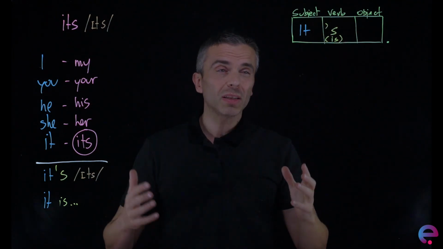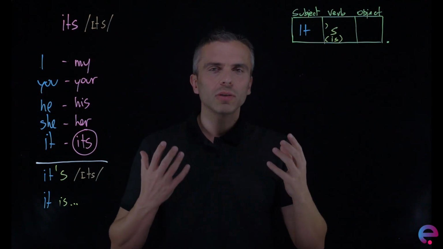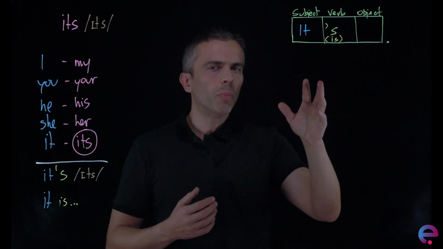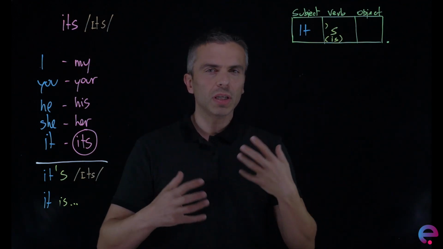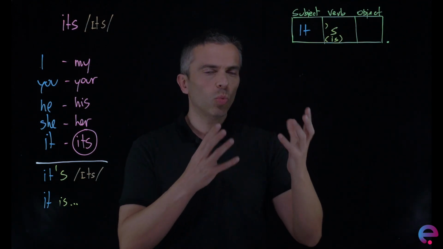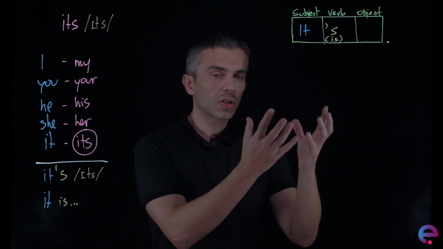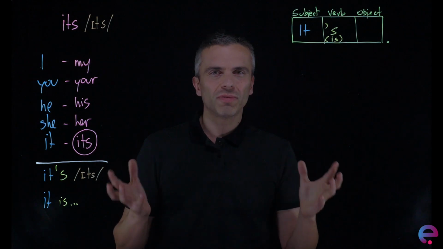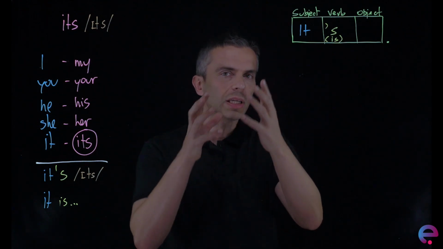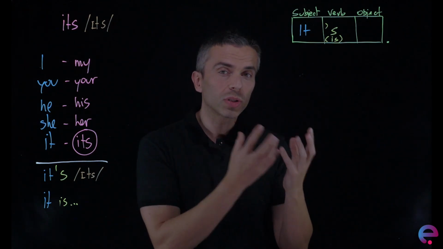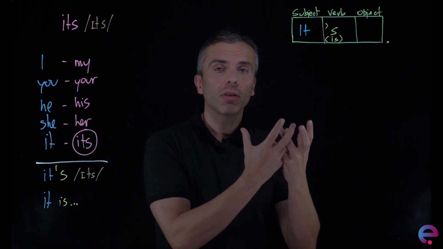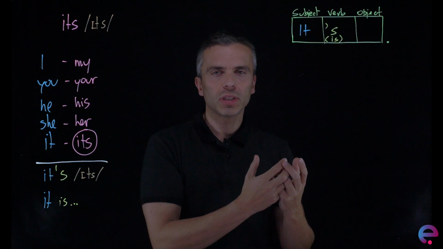So from the perspective of structure, you can't really argue that it is in the position of a subject. But from the perspective of interpretation and what's really important over here, we know that it is not very important. It only introduces what is important, what is significant, what carries the meaning of this particular sentence.